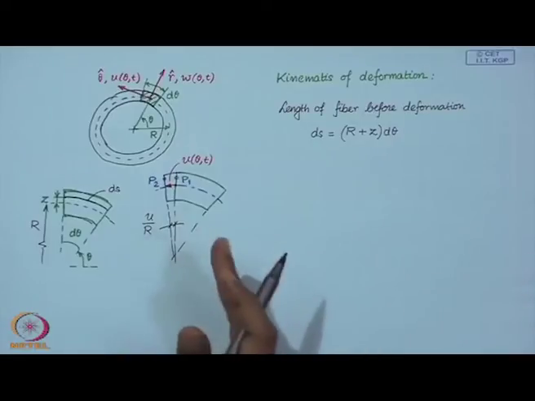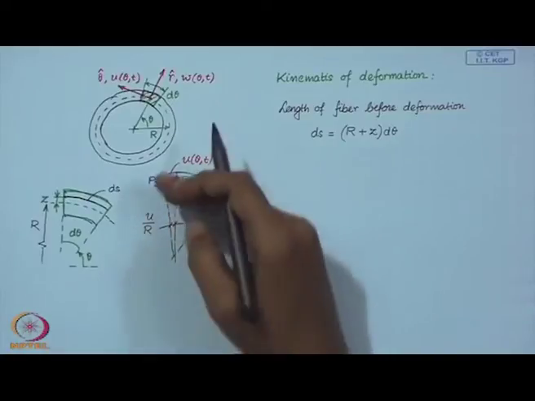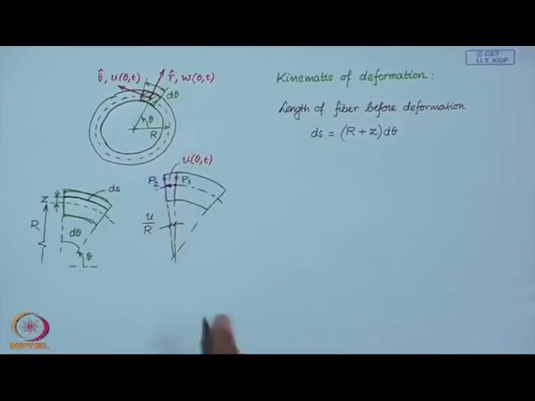The second deformation that can take place is that this deflects out radially. So, let me draw that first.